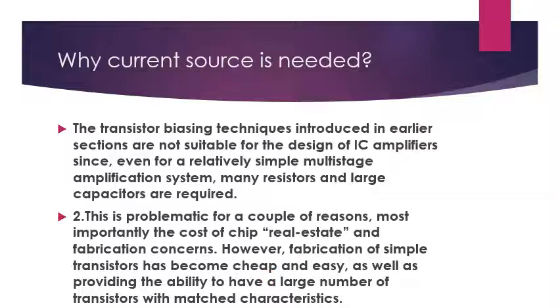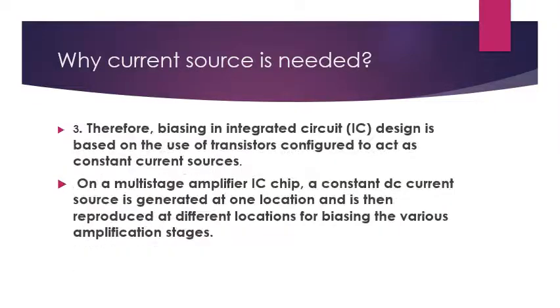Therefore, for biasing in integrated circuits, we use a transistor configured to act as a constant current source, instead of using a separate constant current source.